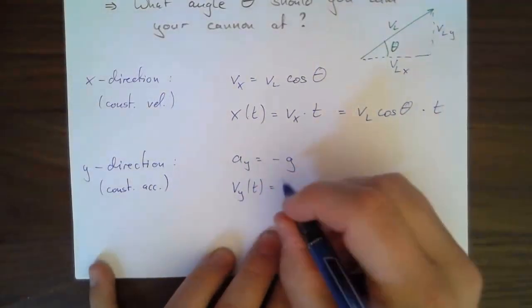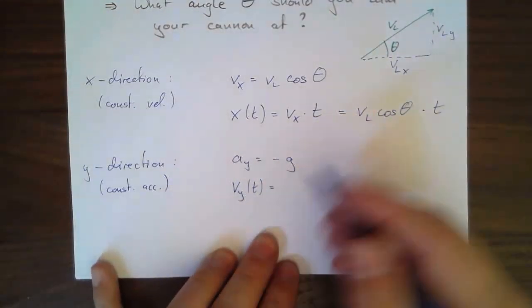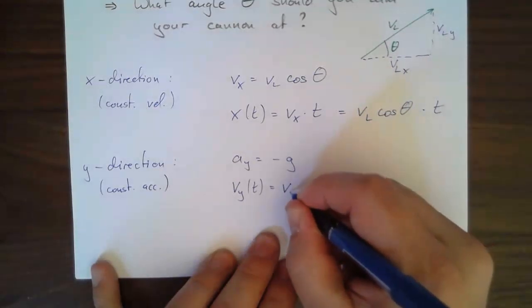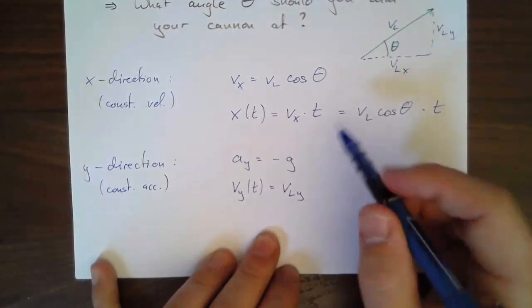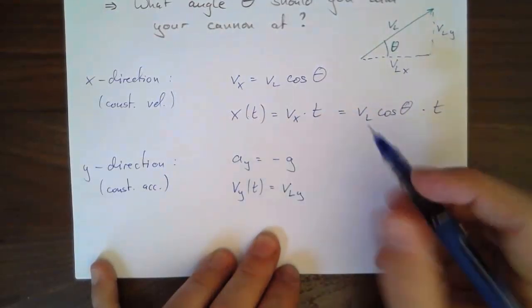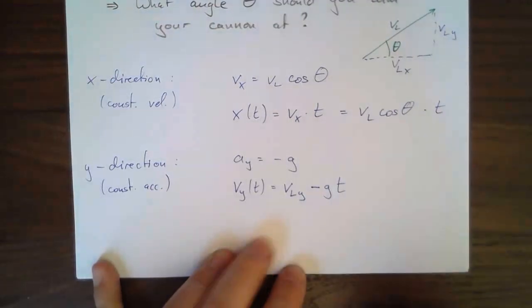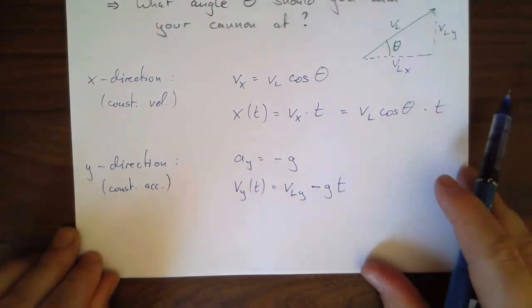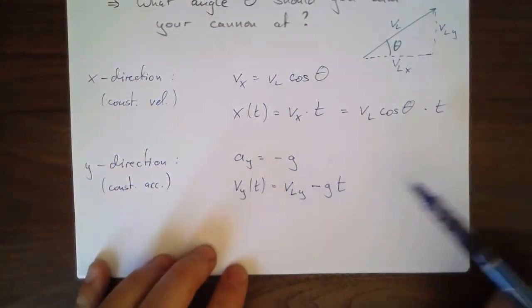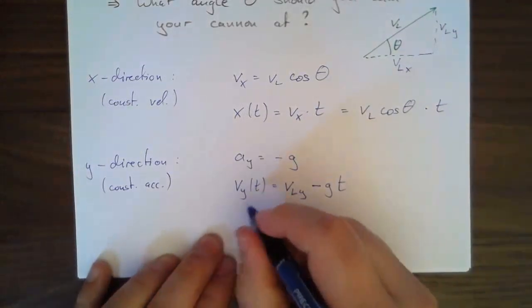So constant acceleration, and that means our velocity is just going to be the velocity we start with, and we're going to add to it the change in velocity, that's acceleration times time, by what acceleration means. It's minus gt. Again, every step of the way, if something doesn't make sense to you, make sure you pause and maybe look back at your 1D kinematics, because this is where we learned this.